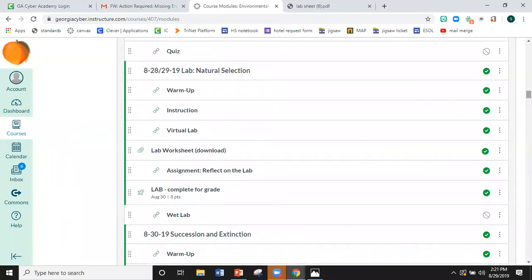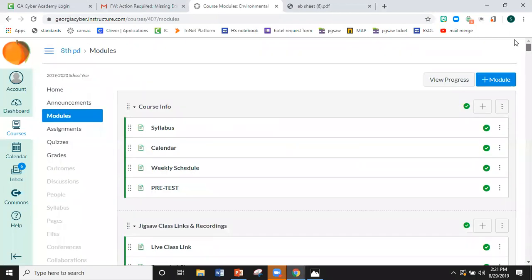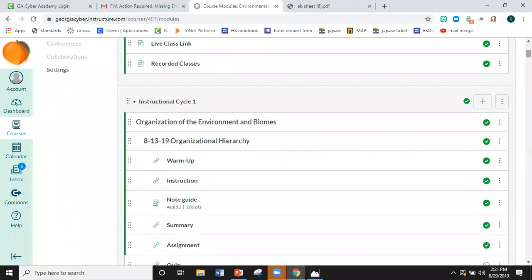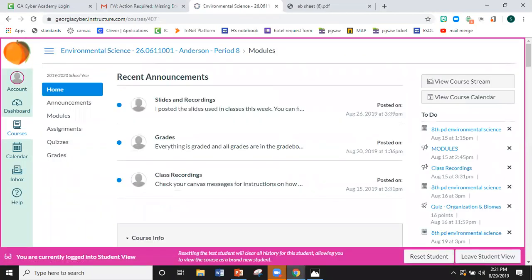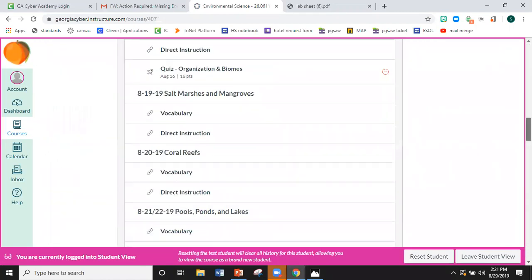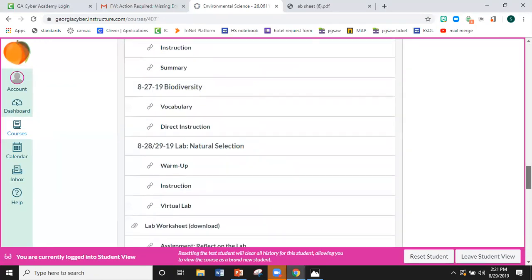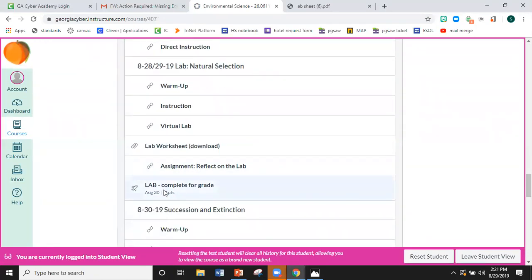We came down to today's date. Give me 1 second to flip it over to student view here so I can show you what yours is going to look like. All right, today's date. Lab, complete for a grade. This is the one you're going to complete and submit for a grade.